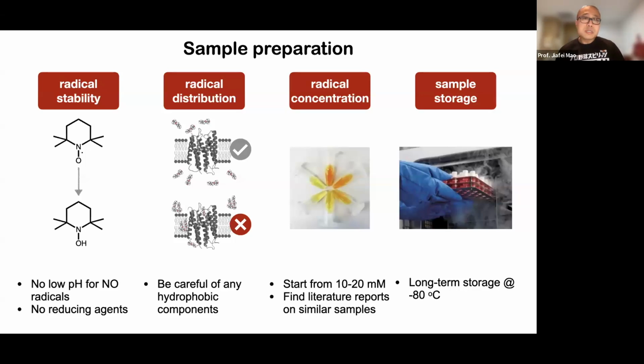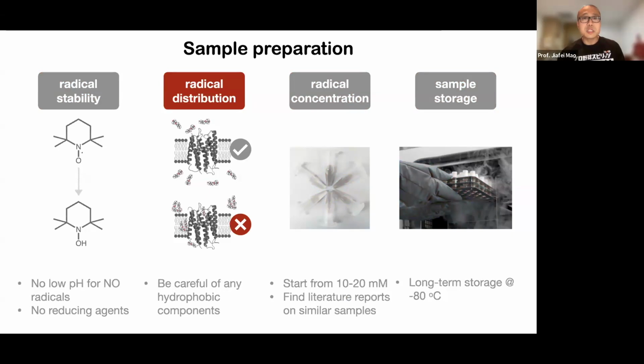The experience that we accumulated last time in Frankfurt is please store your sample, if possible, at -80. Because if you keep the sample for a long time for the next measurement, sometimes the radical dies even at -20. So -80 or even lower temperature, if you have a nitrogen tank to store them there, would be very good for maintaining the sample integrity over a long period of your project.